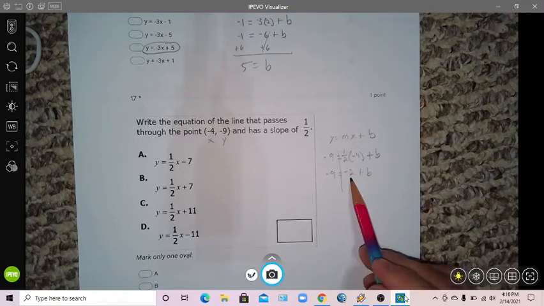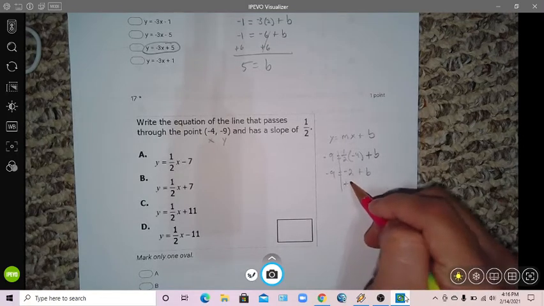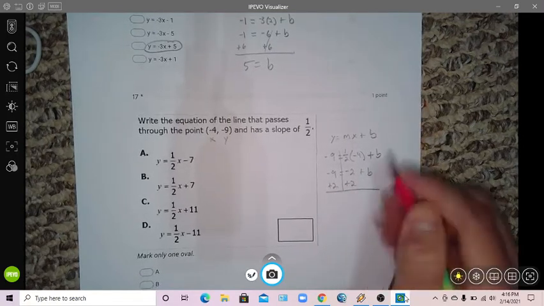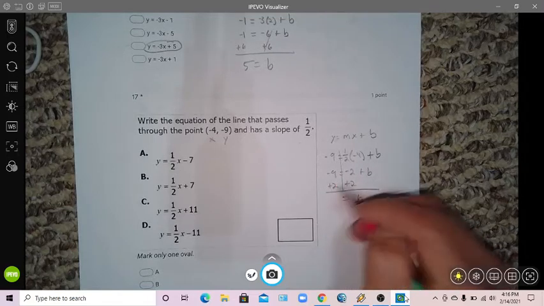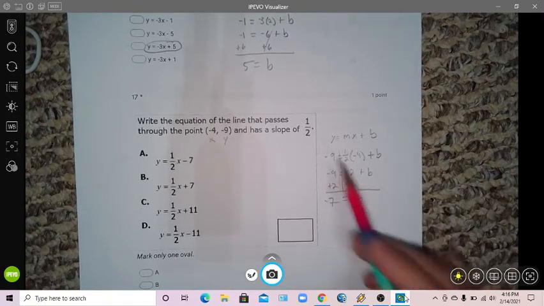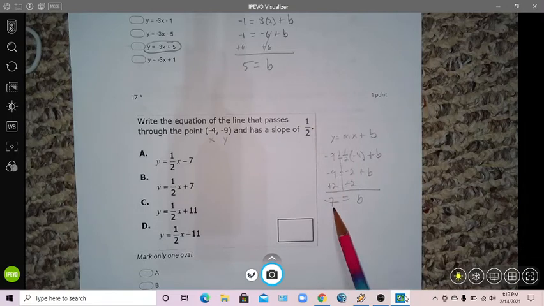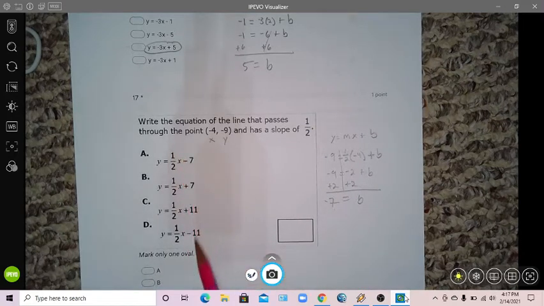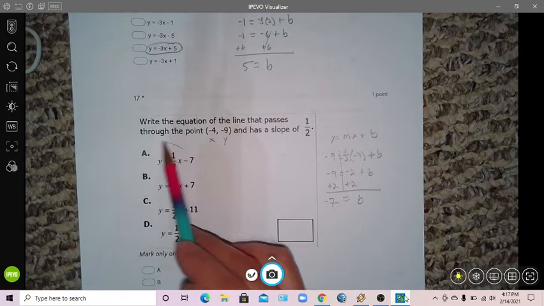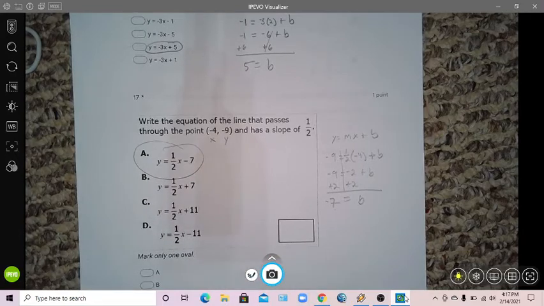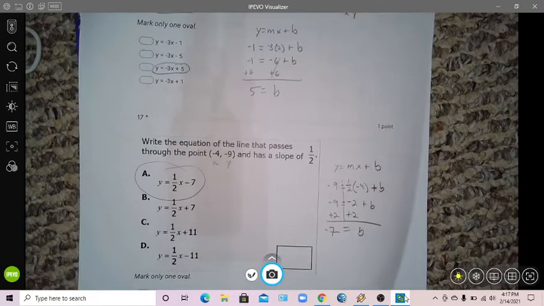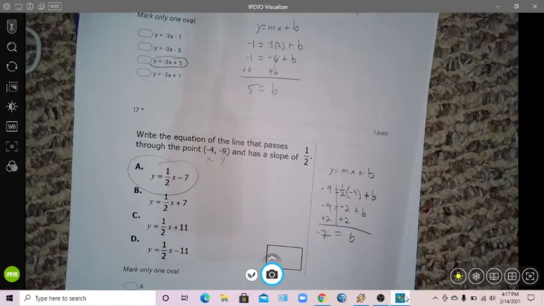And then I have to solve for b, so let's add the 2 to both sides. So I get b equals -9 plus 2, that's -7. So slope should be 1/2, the y-intercept's -7. So the only one of the equations that has that is option A. Alright, let's go on to number 18.